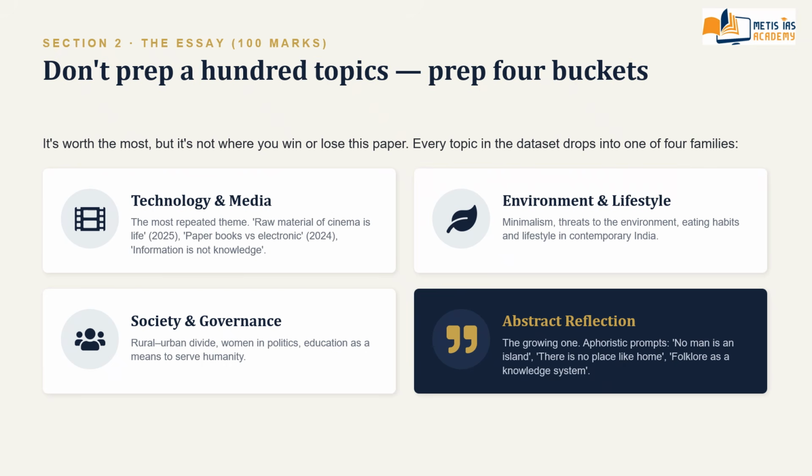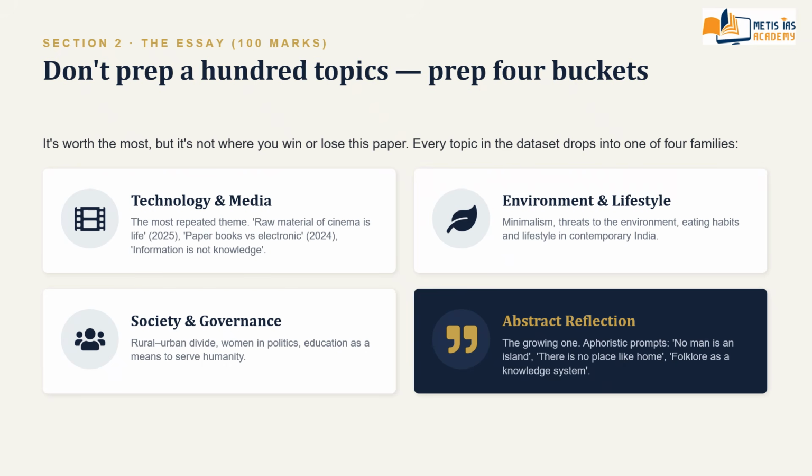Information is not knowledge. And in the most recent paper, the raw material of cinema is life, in 2025. And paper books are more attractive than their electronic formats, in 2024. So this is the single most repeated theme because it is running in recent years also.